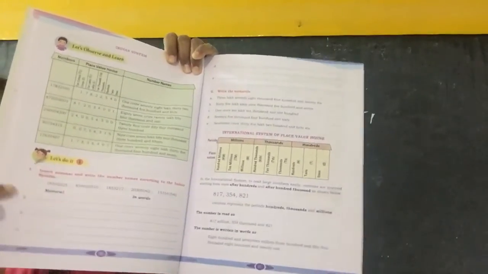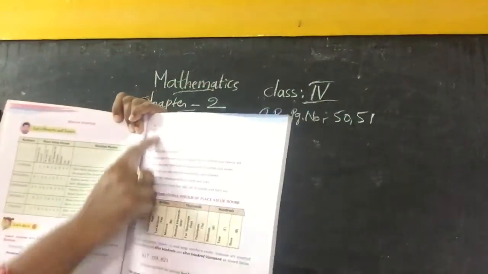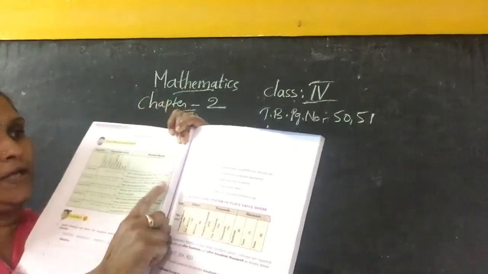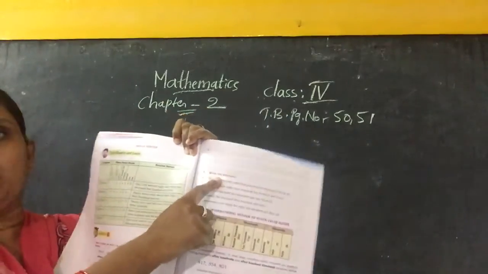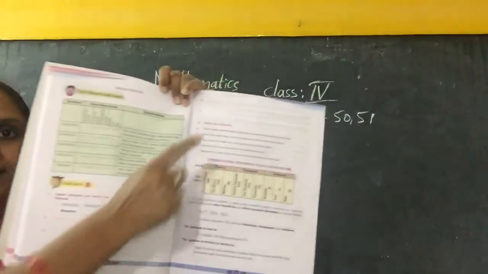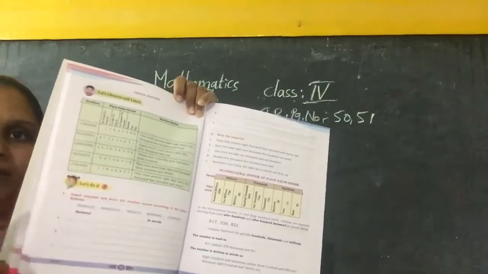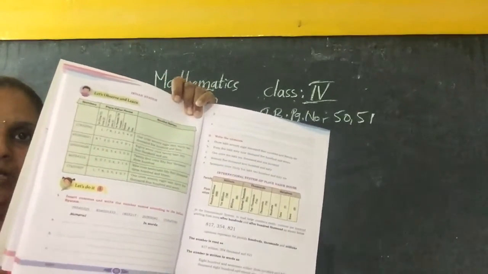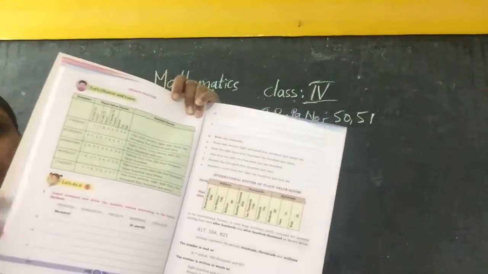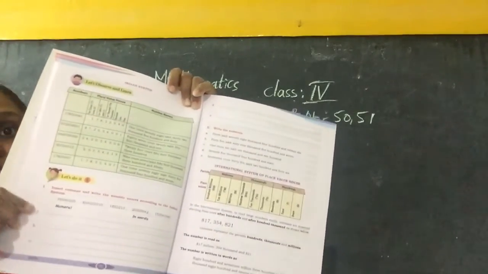Children, here sums are there, and these continue to page number 51 also. Section 1 and section 2 you will get as homework. From section 1, I'll write a sum on the board. You also write along with me in the textbook.